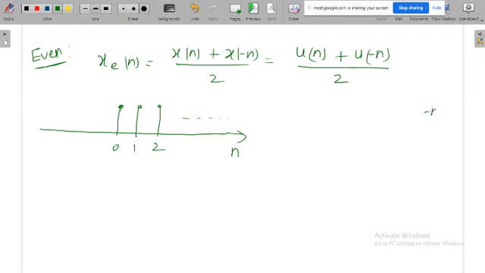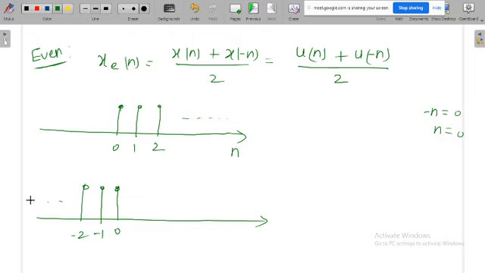If you have confusion, write minus n is equal to 0, that means n is equal to 0. So the signal starts at 0, but goes towards the left with negative time index: 0, minus 1, minus 2, like that.